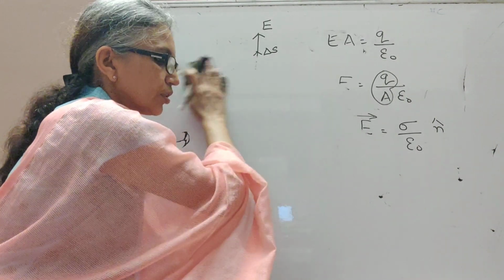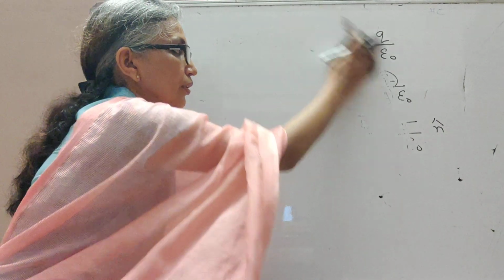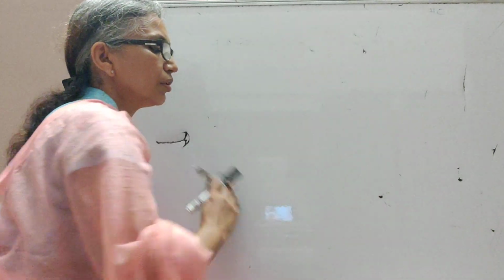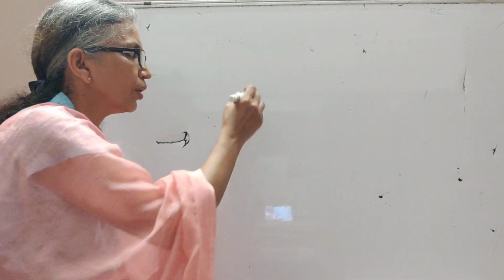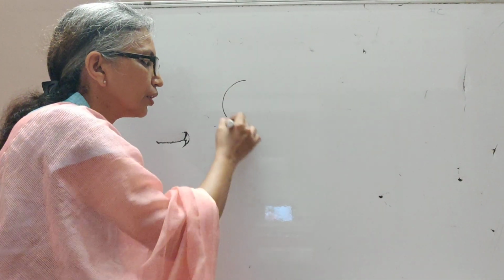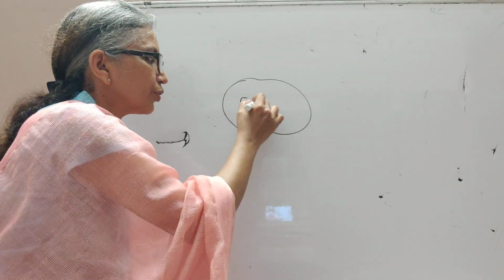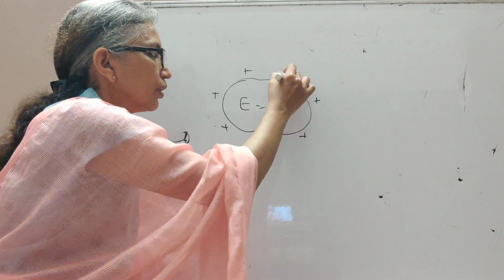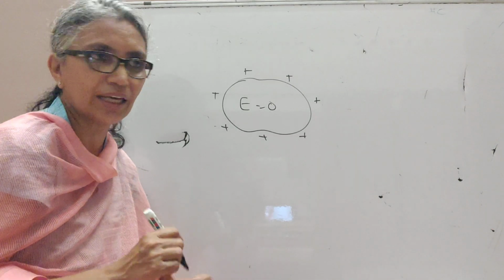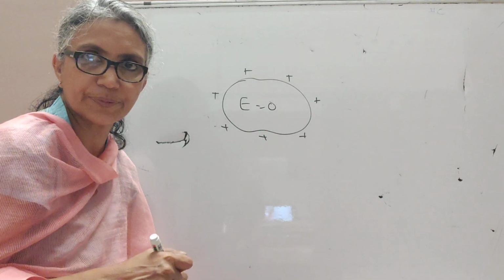shielding. Electrostatic shielding is based on Gauss's third application, where we know that inside any charged conductor, the electric field should be equal to 0. There may be charges residing on the surface, but inside the cavity, the electric field will always be 0.